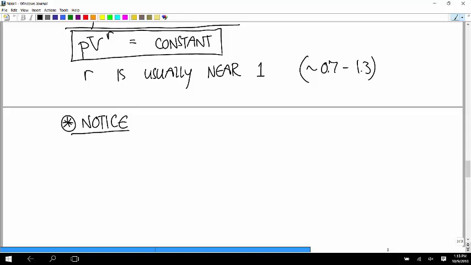One thing to notice about this is that if R is equal to 1, then you're assuming that this is an ideal gas at a constant temperature.